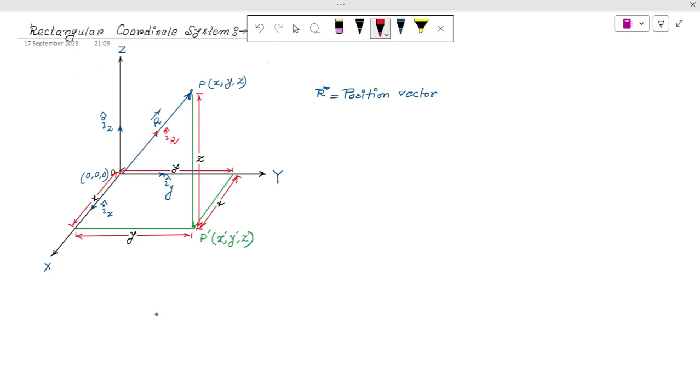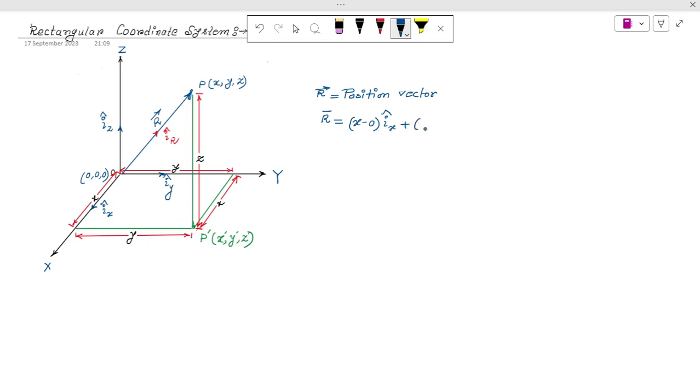Now what will be the expressions of this vector? So this is xyz and this is 0, 0, 0. So what will be the expression of r vector in rectangular coordinate system? You can put arrow or dash. So initially we have to move from 0 to 0. So the final and the initial, this will be the difference of this coordinate.